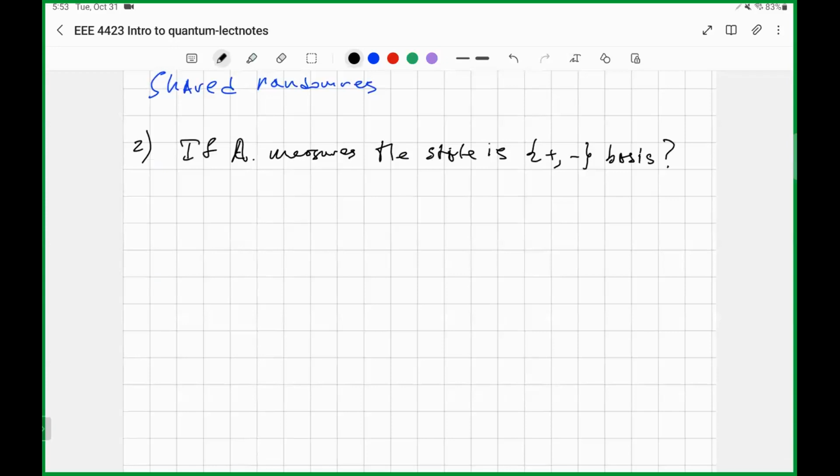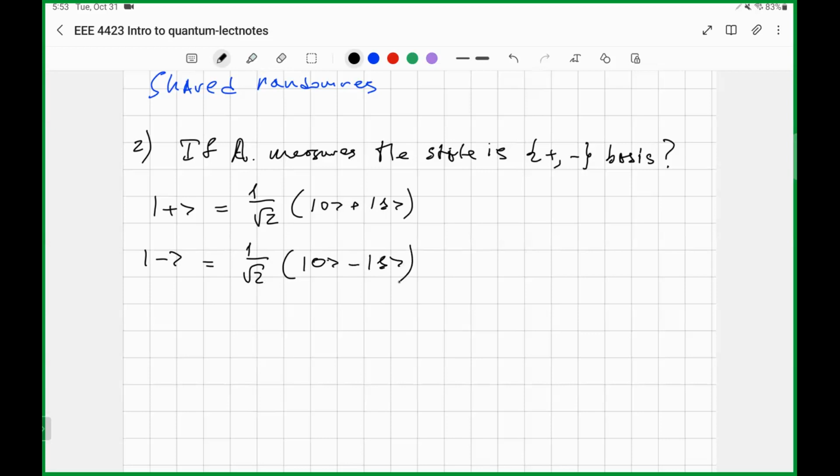In order to check this, we need to convert first the state of Alice's qubit into the plus minus basis. So we know that plus state is 1 over square root of 2, state 0 plus state 1, minus is 1 over square root of 2, state 0 minus state 1.